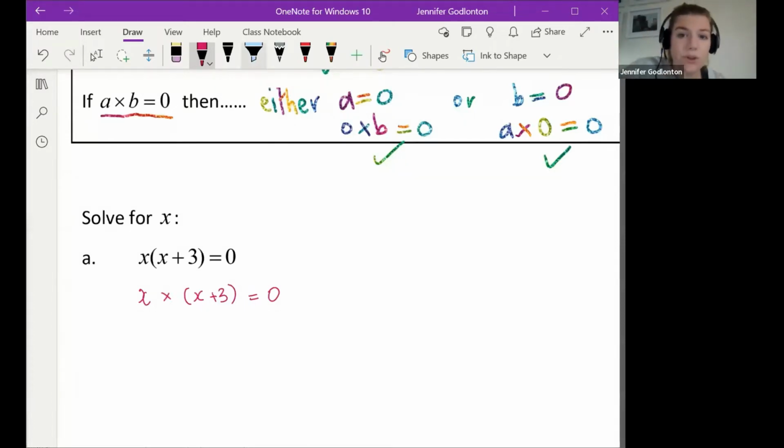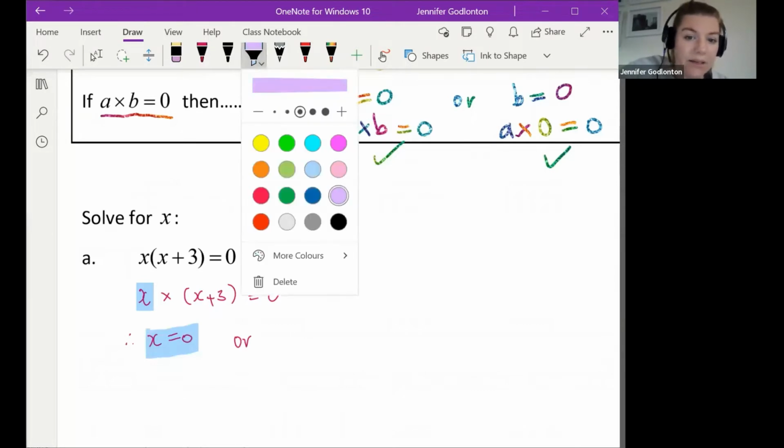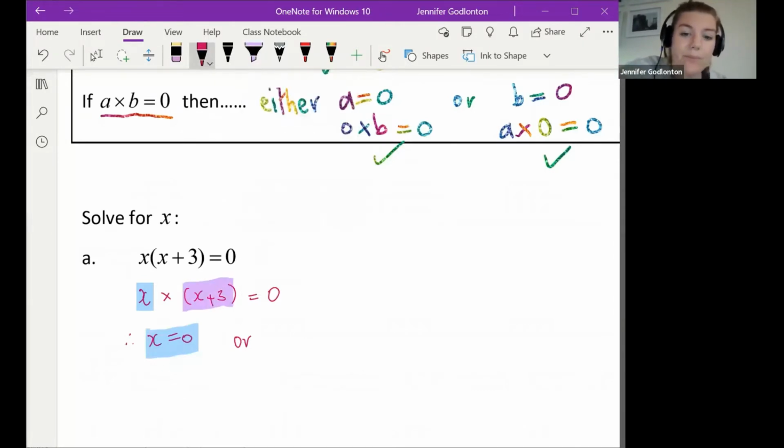Now, if I've got two terms and I'm multiplying them together, and I'm using the rule of 0, that means that one of these must be 0. So we can say, therefore, x is equal to 0. That's my first one. So x would be equal to 0, or this other term is going to be equal to 0.